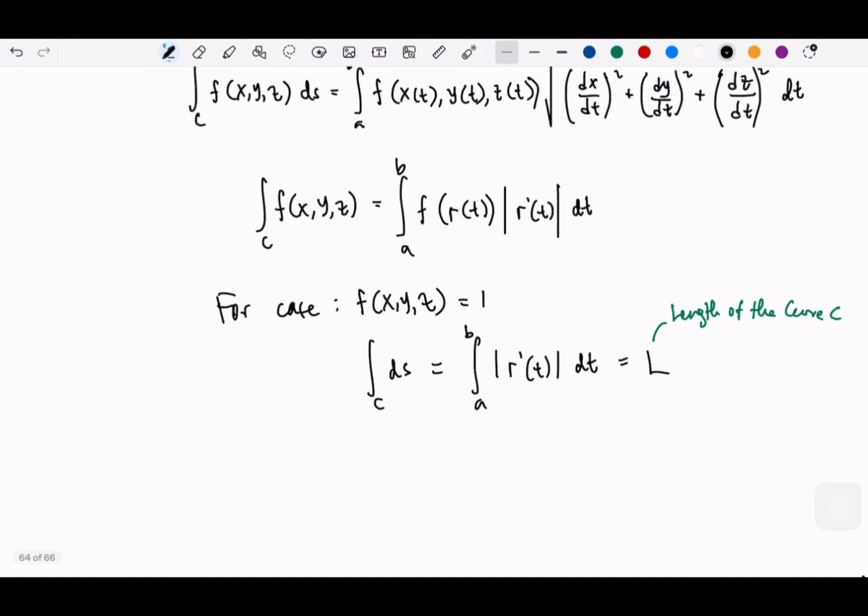We can also define line integrals with respect to x, y, or z.